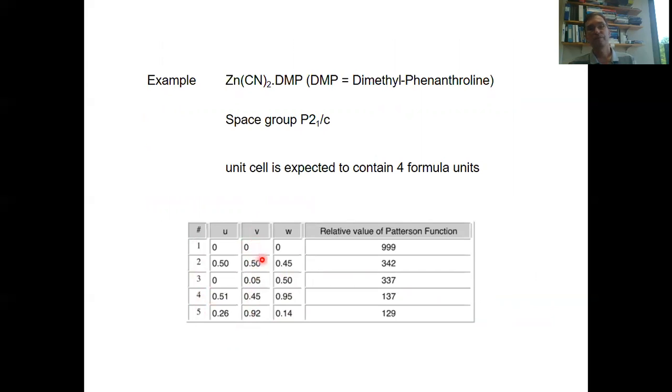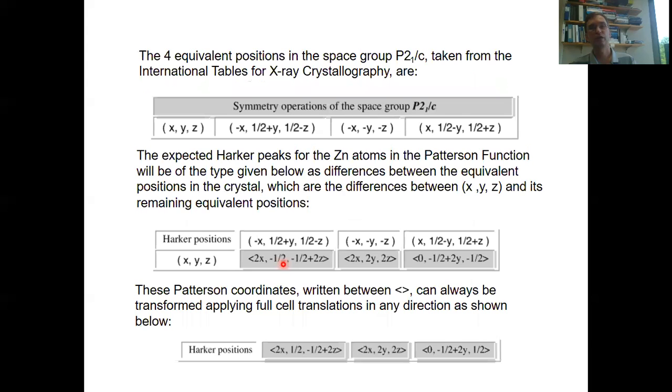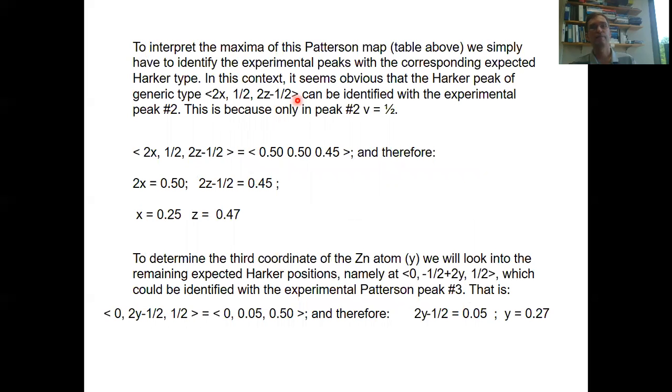So we can say the following: if this peak here is associated with that Harker plane, then 2x must be associated with the u value for that peak, and 2z minus a half must be associated with the w value of this peak.